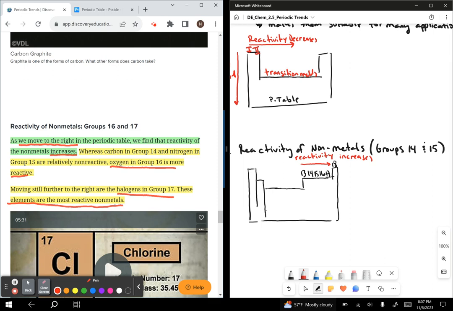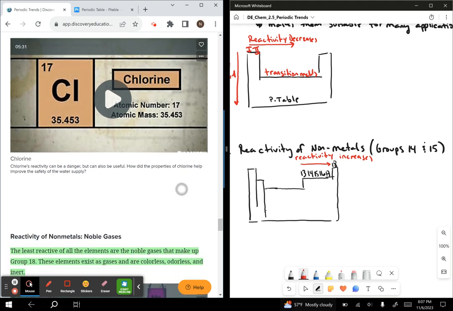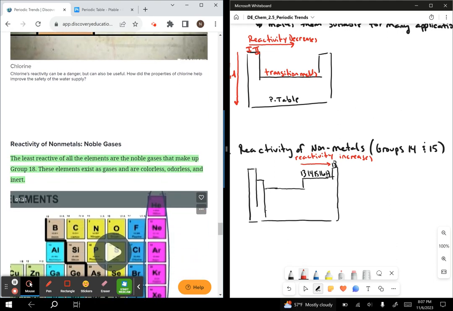Up to 17, right? So what about 18? Do you expect that the noble gases are going to be reactive? You should think carefully because they have a full valence. The least reactive of all the elements are the noble gases that make up group 18. So reactivity in nonmetals increases up to group 17.